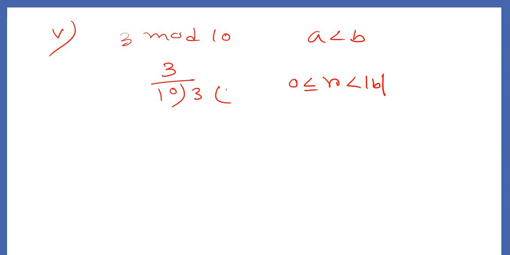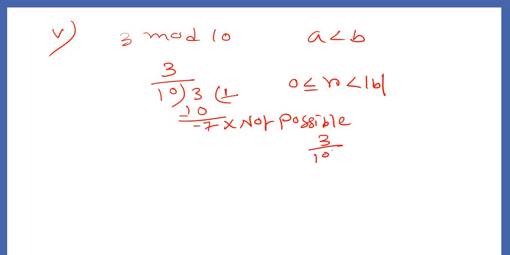Now if we take positive quotient, then what will happen? We get a negative remainder, which is not possible. Next we take the negative quotient. Then what will happen? We are getting the remainder 13.